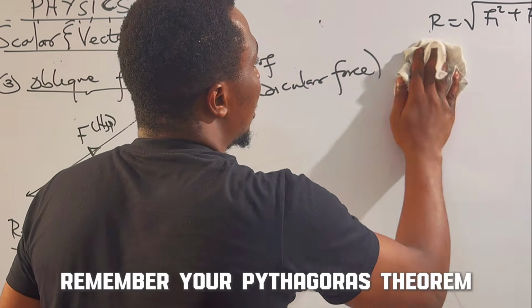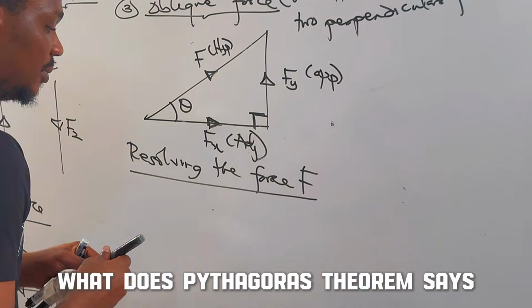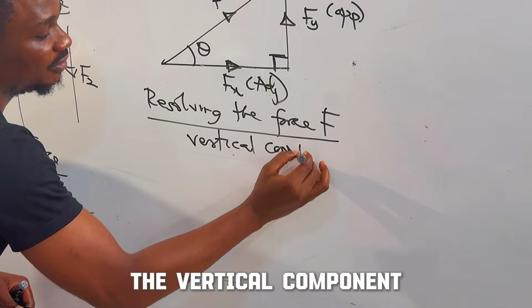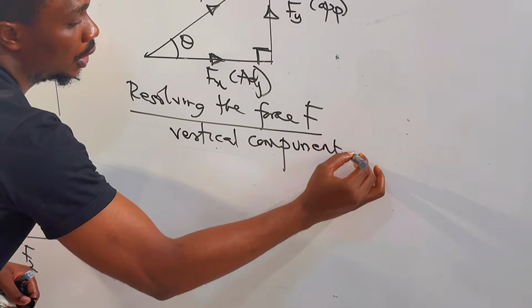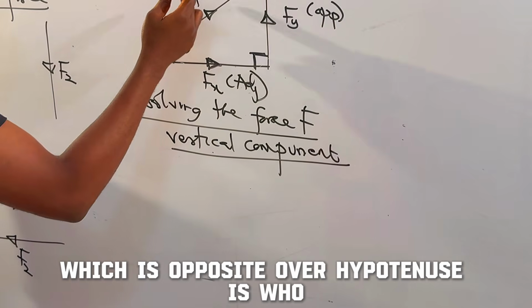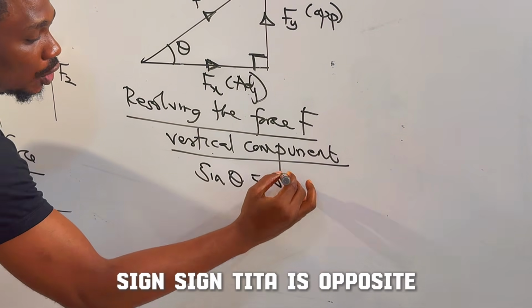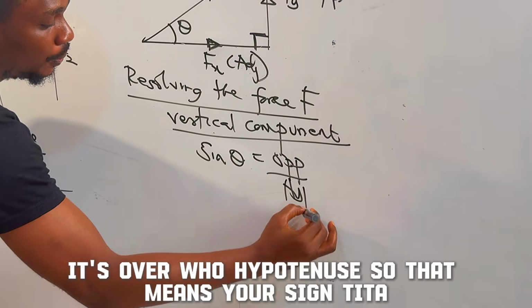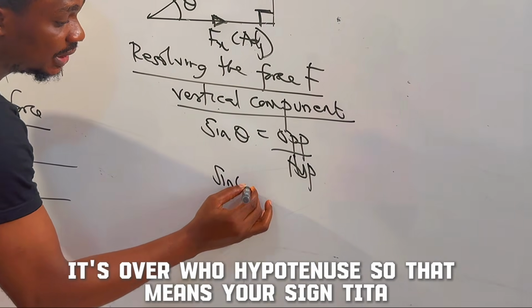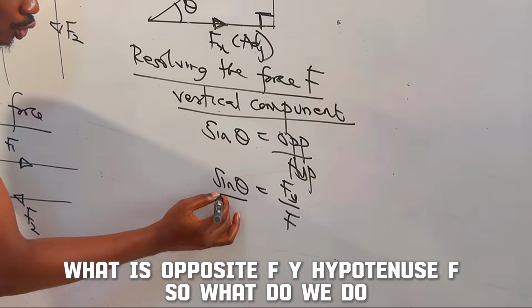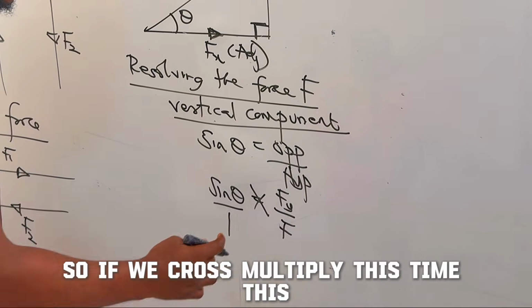Remember your Pythagoras theorem? What does Pythagoras theorem say? So that means that the vertical component, which is opposite over hypotenuse, is who? Sine. Sine theta is opposite over who? Hypotenuse. So sine theta, opposite is Fy, hypotenuse is F. So what do we do? We cross multiply.